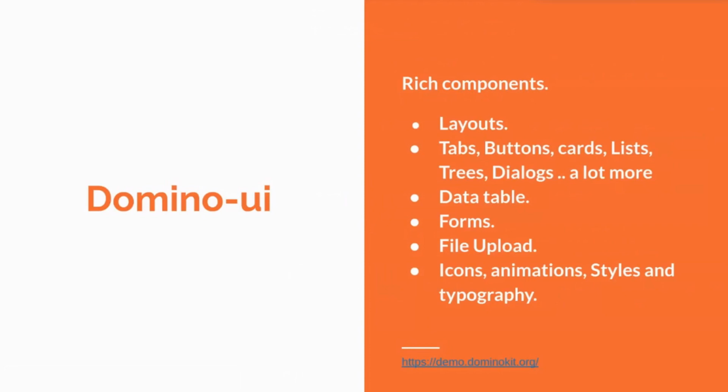Rich components. We have a lot of components in Domino UI already implemented out of the box. You have a lot of layout options. We have common components like tabs, buttons, lists, trees, dialogues, and there's a lot more. We have a rich data table. You can have a basic data table, or you can enrich that data table using a set of out-of-the-box plugins implemented by Domino UI.